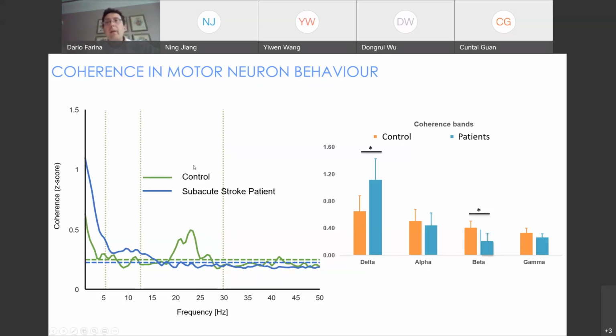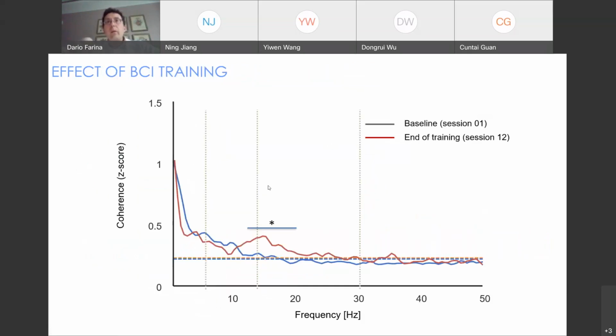And now, interestingly, after the intervention, we see a recovery with respect to the baseline before the intervention of this neural connectivity.